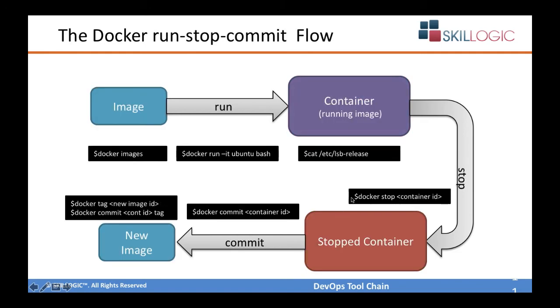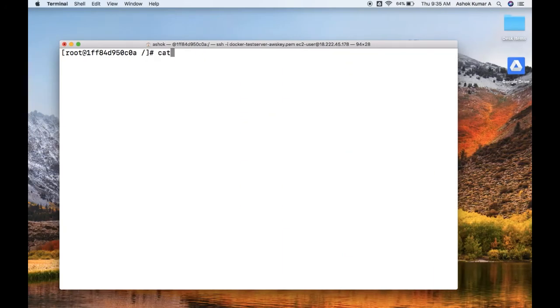I just want to see what release this container is, because we have downloaded CentOS. So I can simply use the command cat /etc/lsb-release. It's in the etc folder, the folder that contains all your releases.